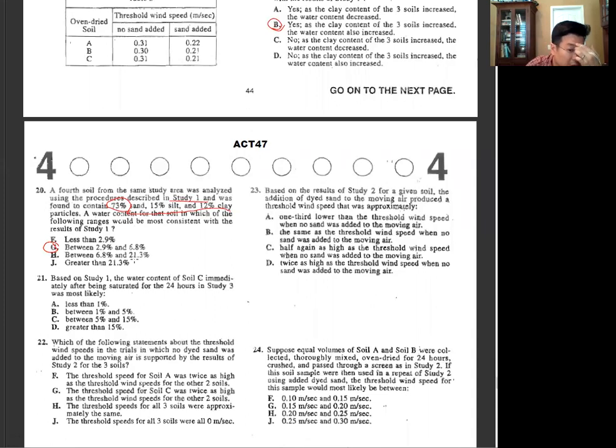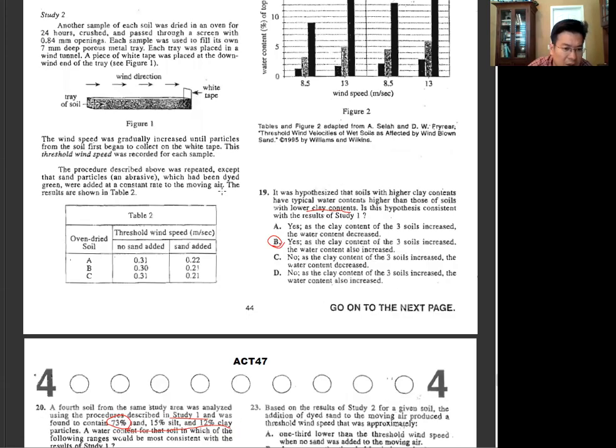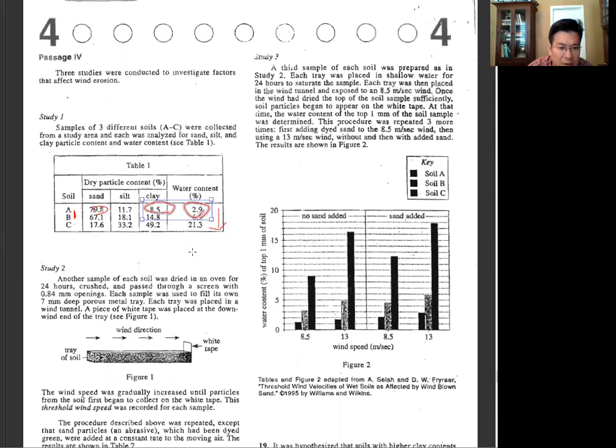Based on study 1, the water content of soil C immediately after being saturated for 24 hours in study 3. Study 3, 24 hours saturated, soil 3. Soil 3 is the third, the very last one.